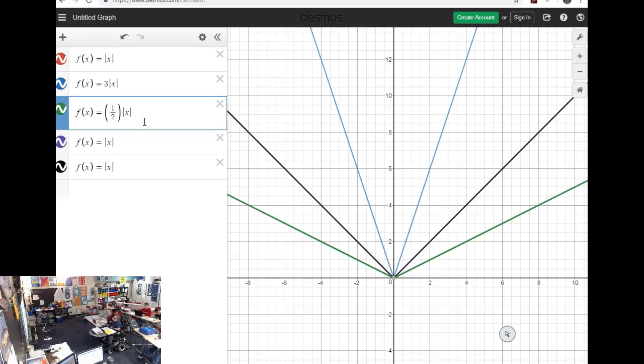Thomas? Question. Does this mean that you can't do absolute value on both sides of the equation, and there isn't an inverse of absolute value? That's a good question. Asking about absolute value on both sides of the equation, that's a hairy question because it depends what we're doing with the equation.